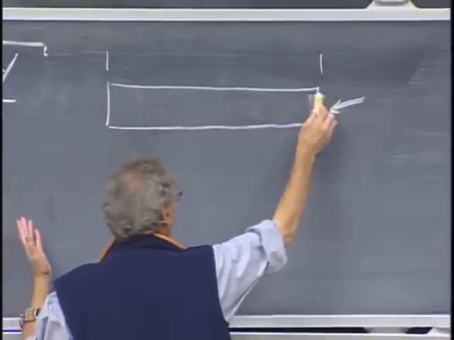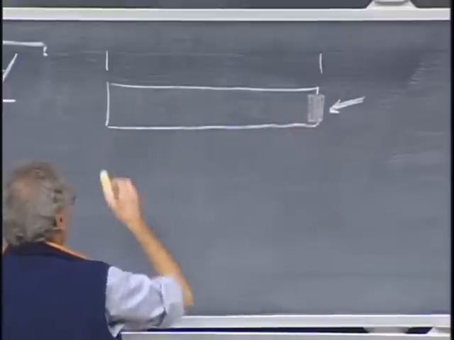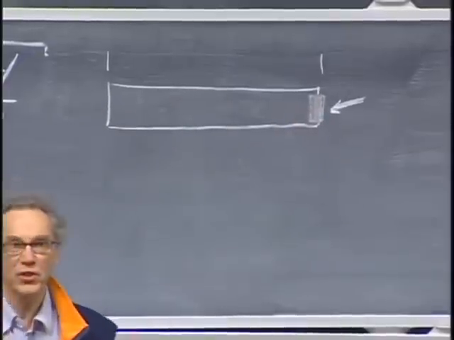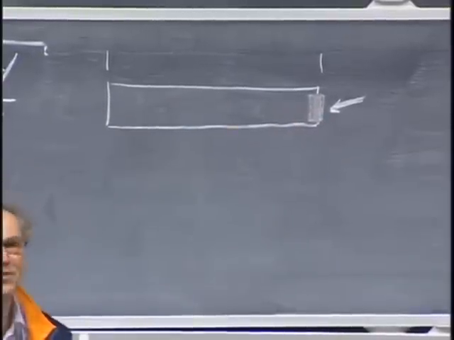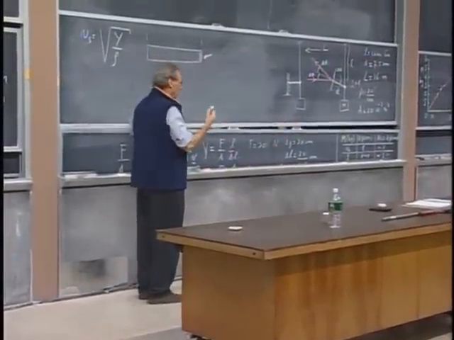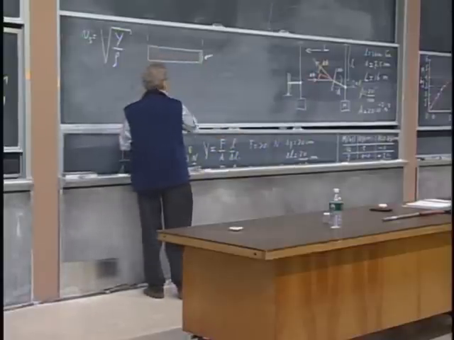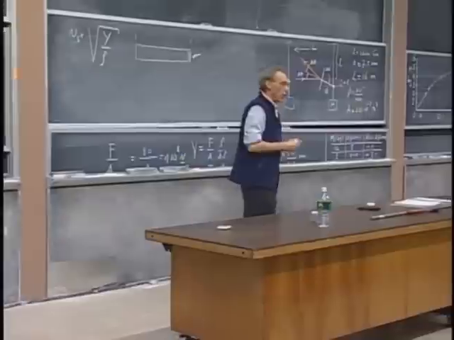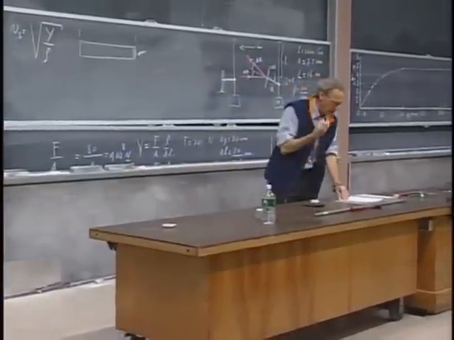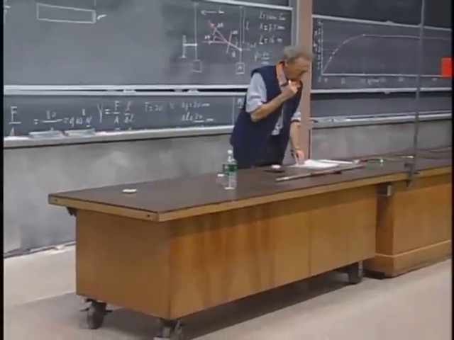It's like a pressure wave, like sound is a pressure wave, and that takes time. And the larger Young's modulus is, the stiffer the material is, the faster that will go. If Young's modulus is very low, the material is more elastic, it will take a longer time for this pulse to reach this end. So it is intuitively pleasing for me that the stiffness of the material is related to the speed of sound.